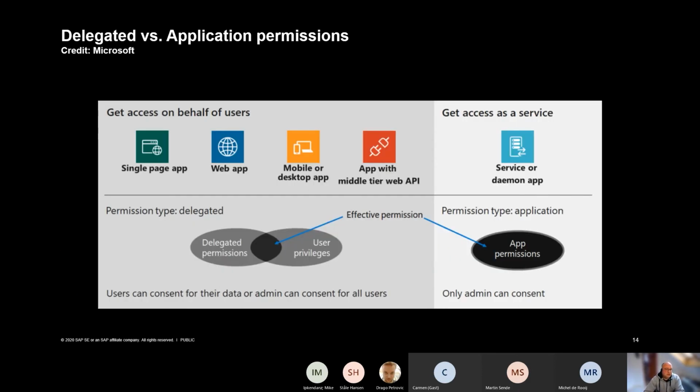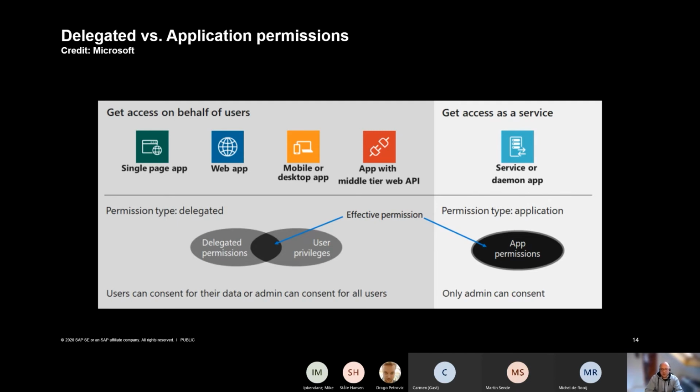Coming to delegated versus application permission. What is the difference? This is also from Microsoft. The bottom line is that with delegated permission, there is always a user involved, so you will always find a user principal in the access token, like a trustee, like an ACL entry on a folder.